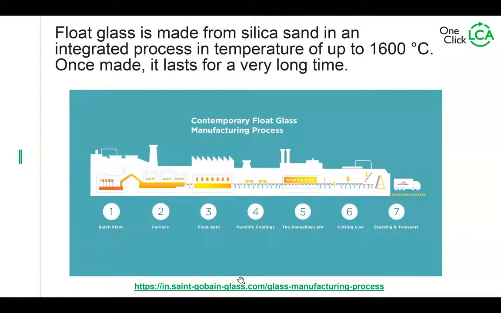There is a very good overview from Saint-Gobain India on the glass manufacturing process, if anybody wants to read up. The glass manufacturing doesn't have any quick tricks for reducing emissions. So this is very much a pure R&D problem. And the other thing, which is quite interesting with glass, is that once you've made it, it lasts forever.